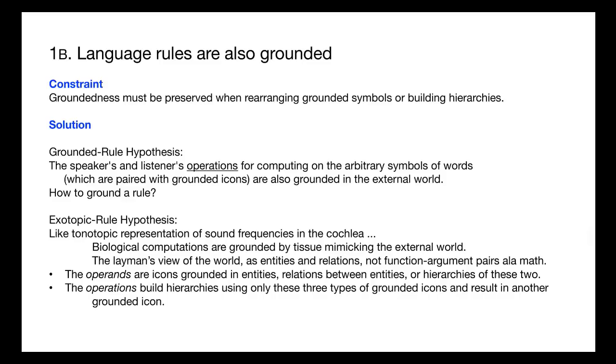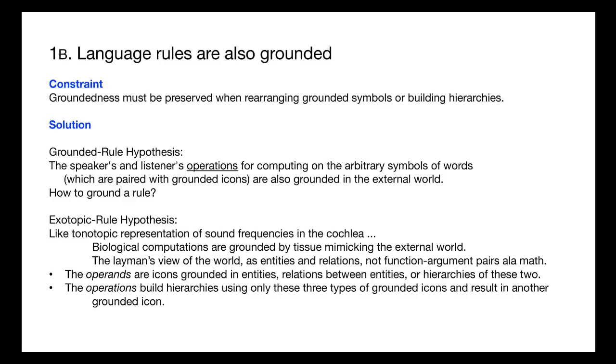So then you can see how you could ground an object like a dog by pointing to it. How do you ground a rule? So my second addition is what I would call the exotopic rule. Biology, the tissue, mimics stuff in the outside world.